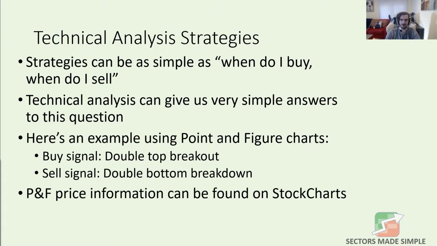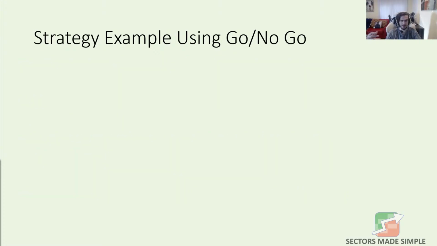And this is a kind of strategy where all of the information that you would want to find for it is on a free website, stockcharts.com. Now, let's use a little bit more complicated example, a strategy that has that go or no-go thing.